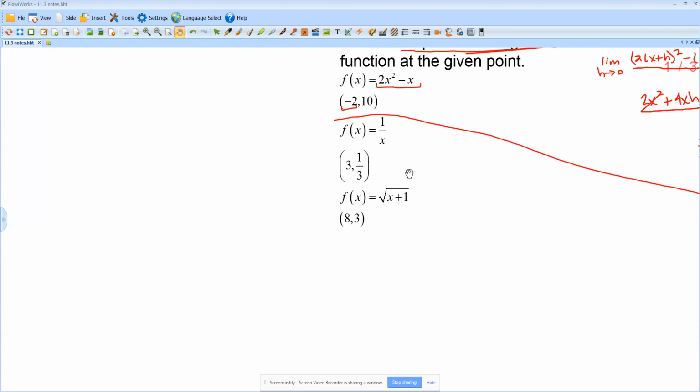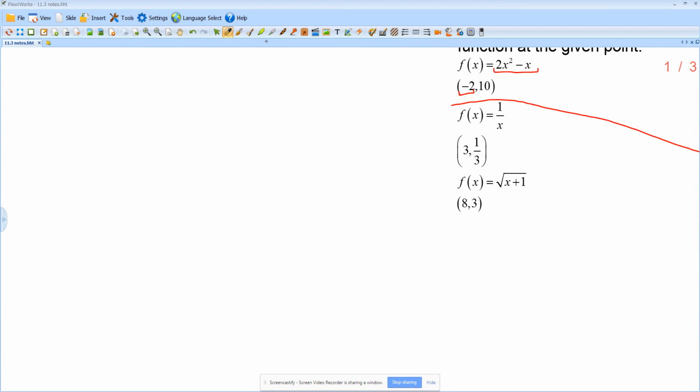All right, so looking at another example. I have the limit as h approaches 0 of 1 over x plus h minus 1 over x, all over h. So I'm going to have to get a common denominator in this numerator. So this will become x over (x plus h) times x minus (x plus h) over (x plus h) times x.